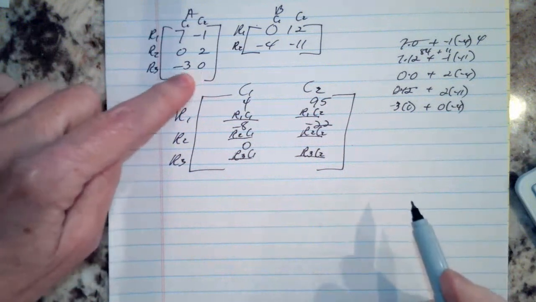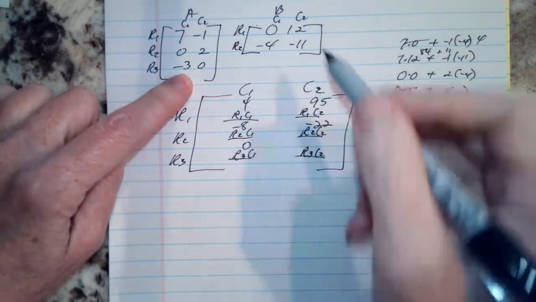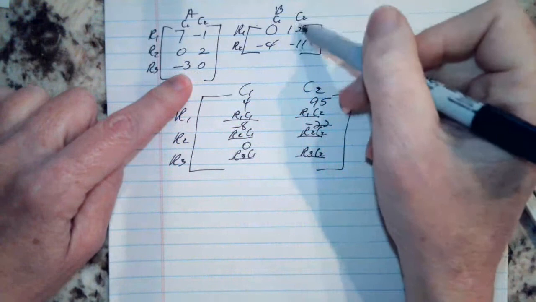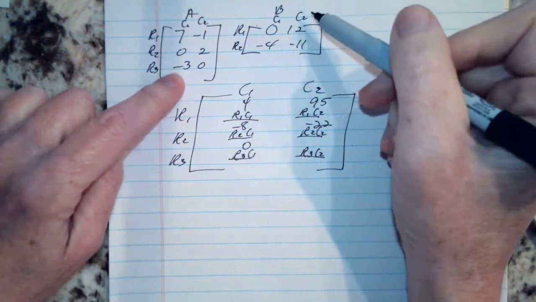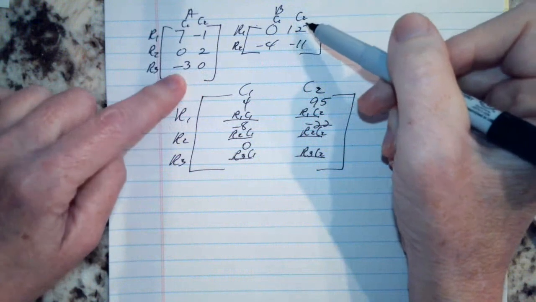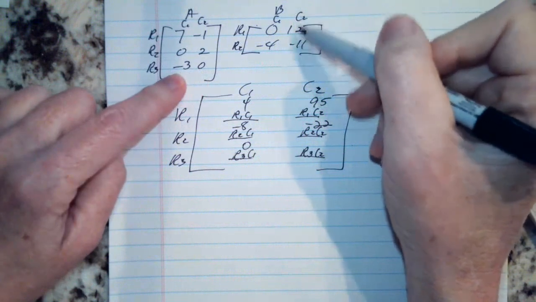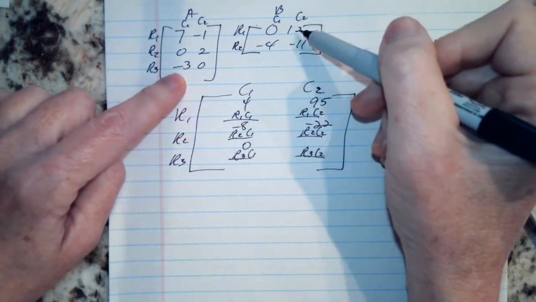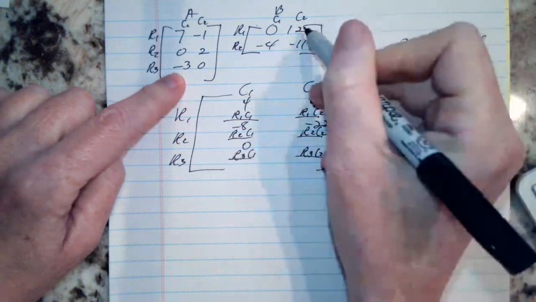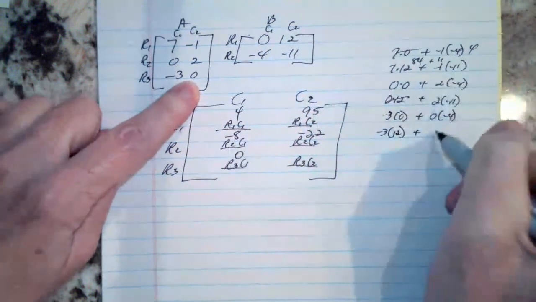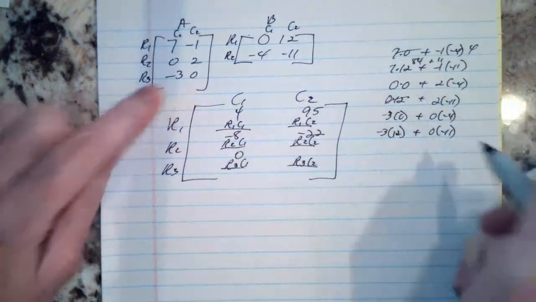Row 3 times column 2. So start on the left, which is the way we read, left to right. Start on the top, which is the way we work, top to bottom. So -3 times 12 plus shift 0 times -11.